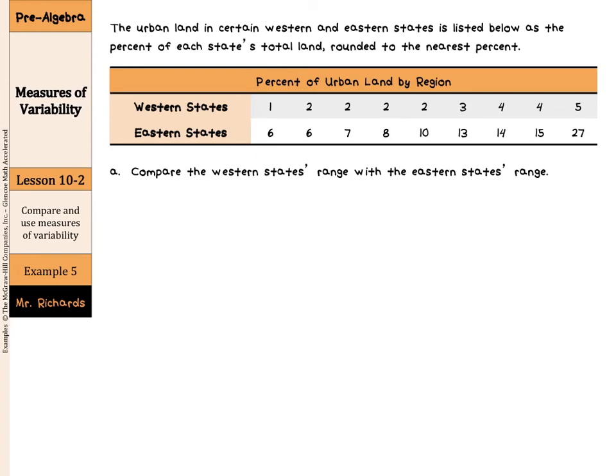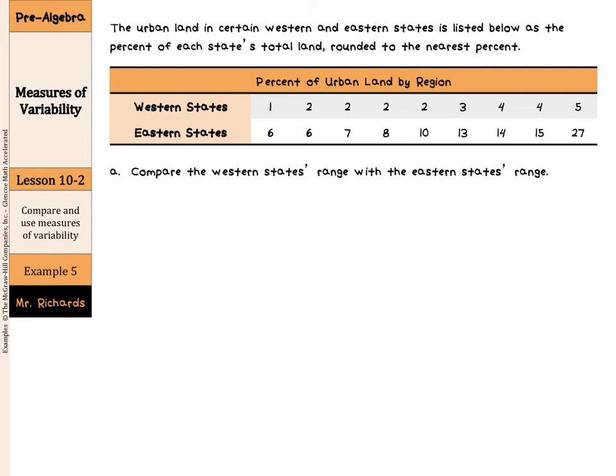In our fifth example, we're going to compare and use measures of variability. So the urban land in a certain western and eastern states is listed below as the percent of each state's total land, rounded to the nearest percent. And so our first step here is to compare the western states range and the eastern states range.